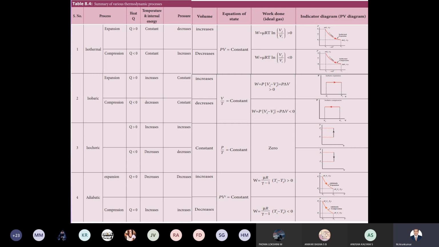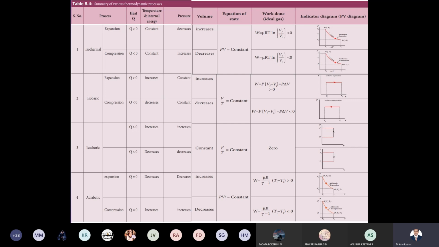So the equation of state, the important point we have to learn. For an ideal gas, the equation PV is equal to mu RT or nRT.